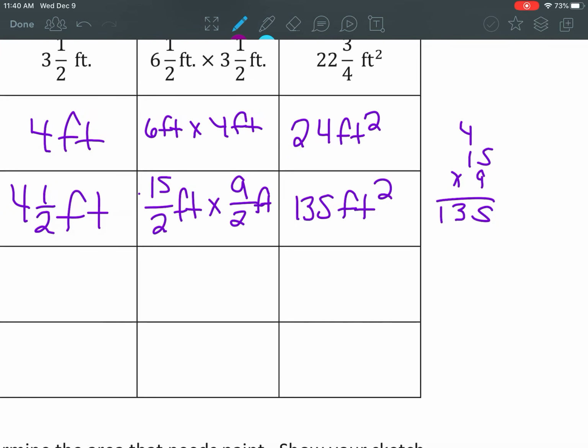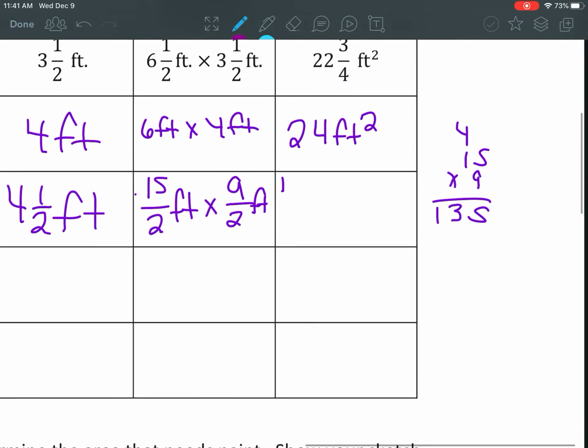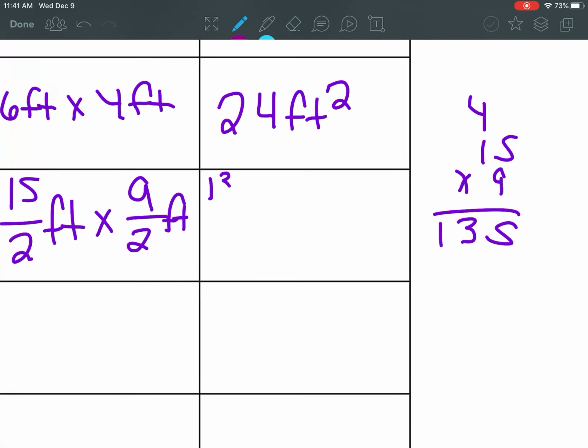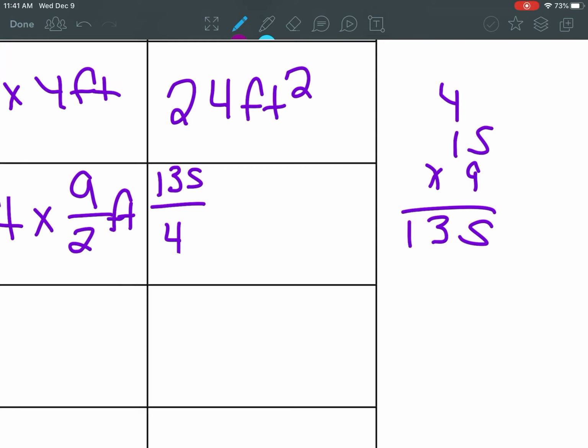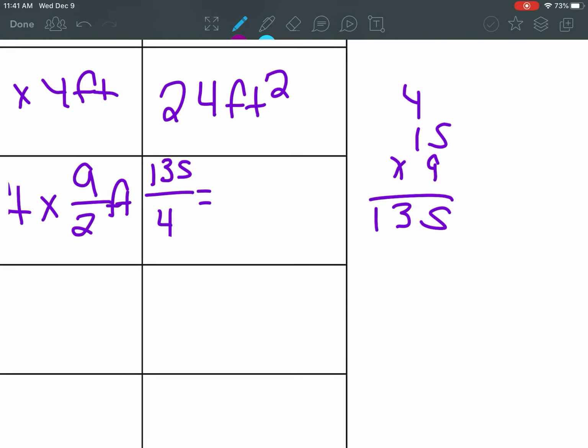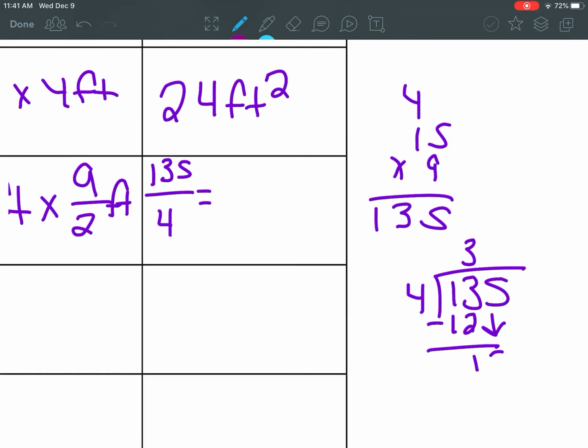And I just realized I made a mistake. I did not finish this problem right here. So we would still have 135 over what's 2 times 2? 4. So let's turn this back into a mixed number, because the answer needs to be a mixed number. So this would be 135 divided by 4. 4 goes into 13 3 times. 3 times 4 is 12. 13 minus 12 is 1. Bring down the 5.